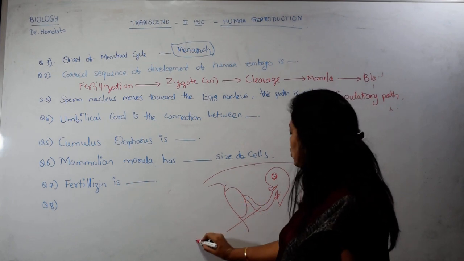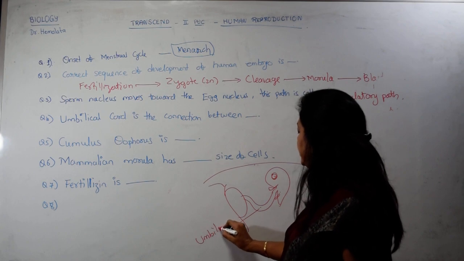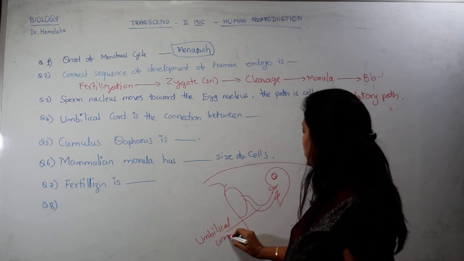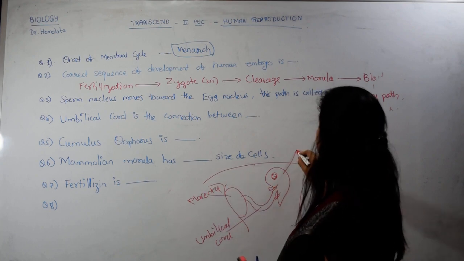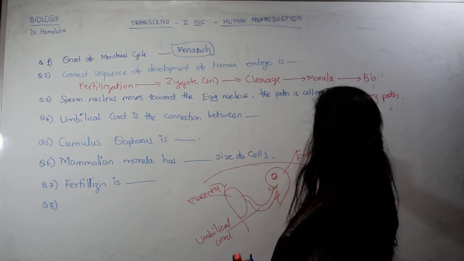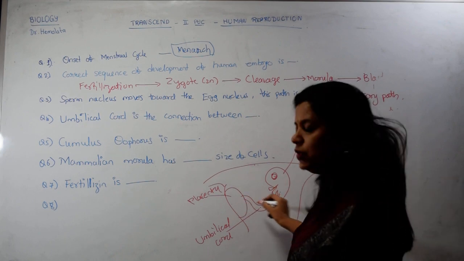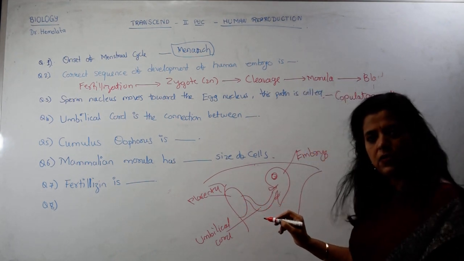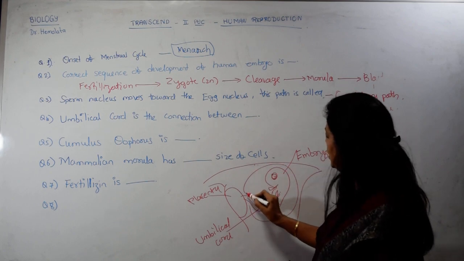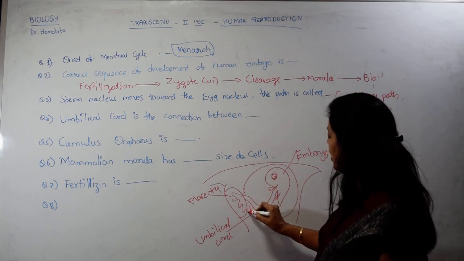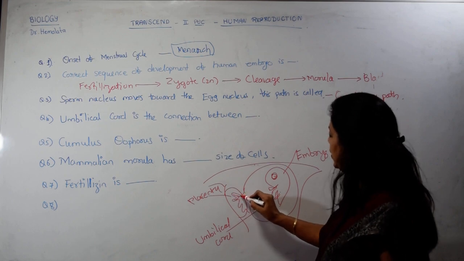The umbilical cord connects the placenta and the fetus or the embryo. So this is the connecting link. What happens in this umbilical cord? Actually, this will be surrounded by the membranes I told you about. There are chorionic villi and there are the allantoic blood vessels.